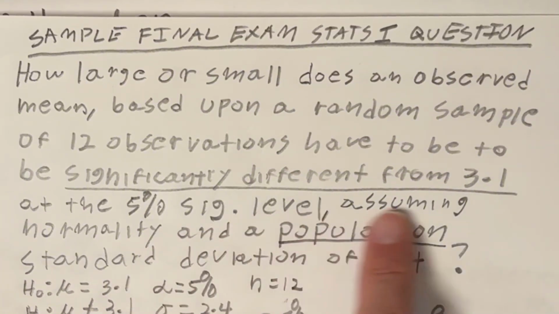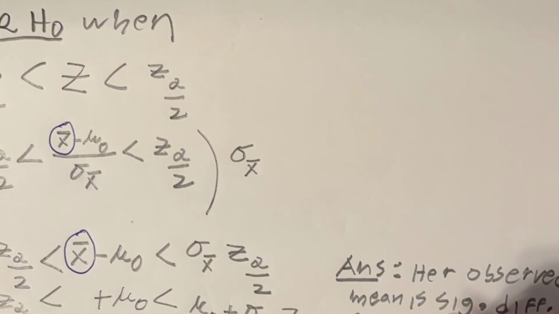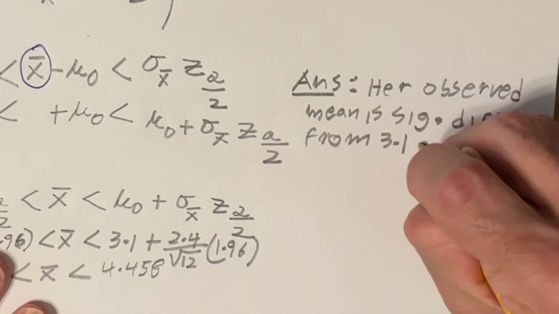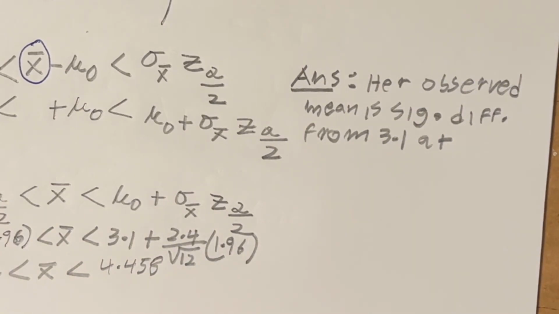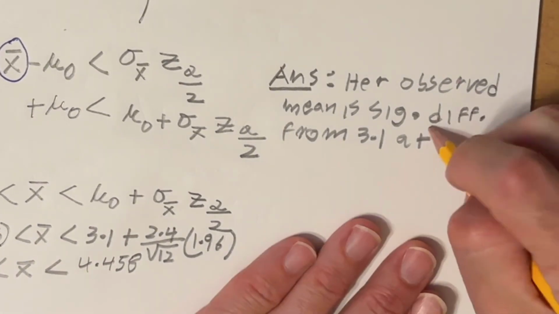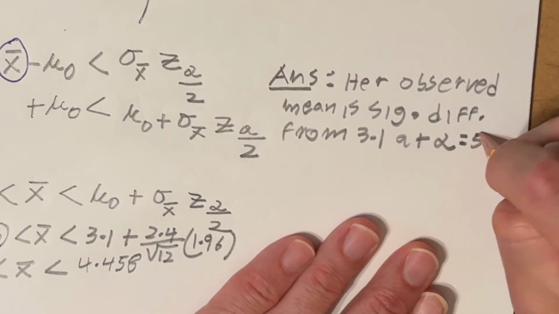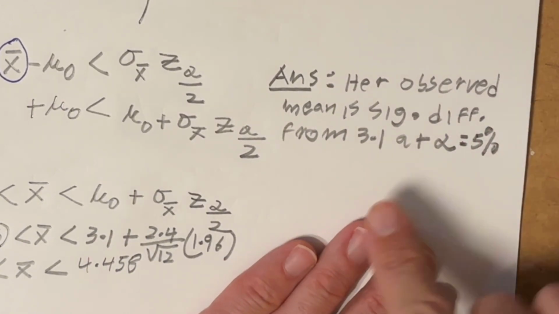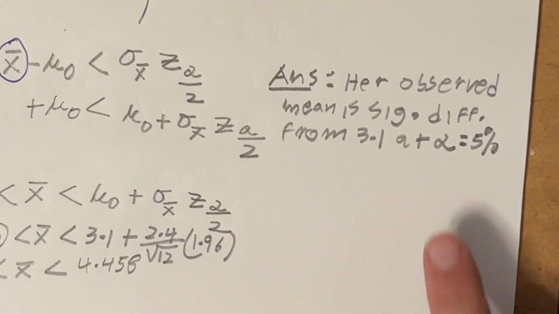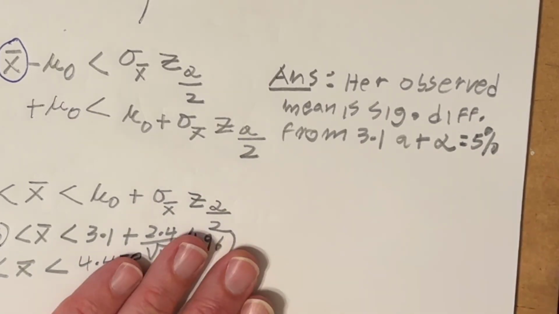See, that's what it says, significantly different from 3.1. So you write 3.1 at, now instead of the 5% significance level, I'm just going to write alpha equals 5% so I can fit it in. But that's the same thing as the 5% significance level.